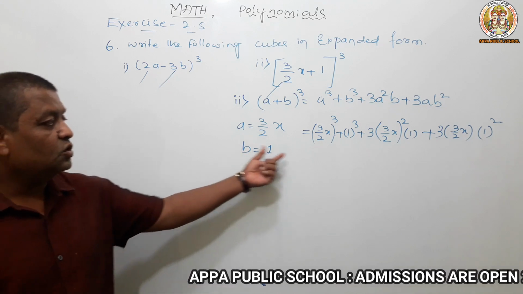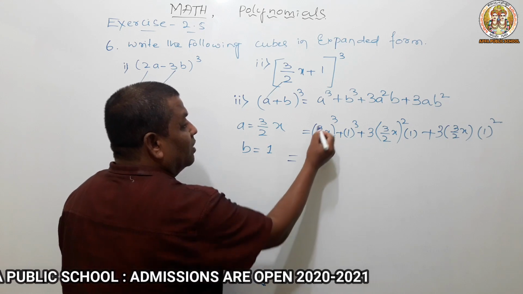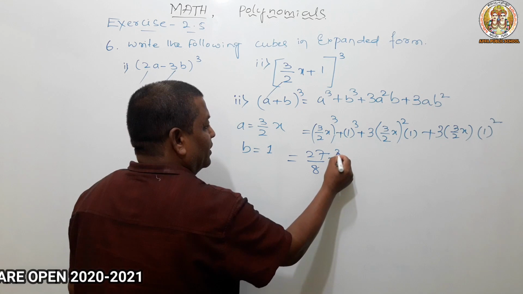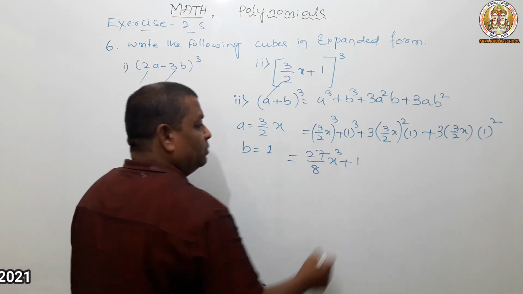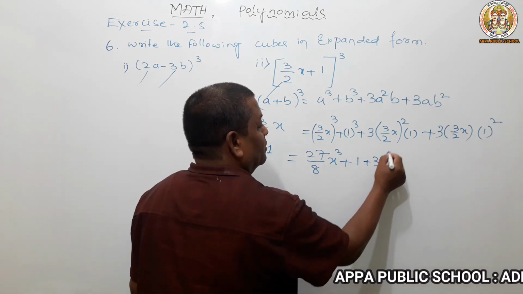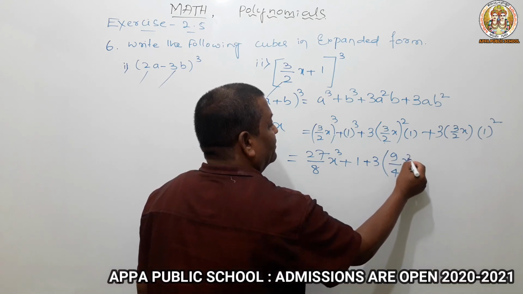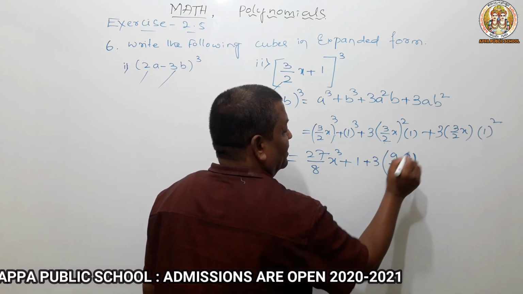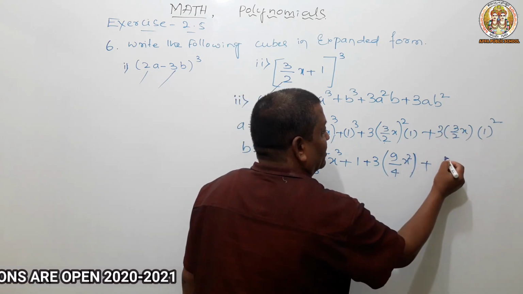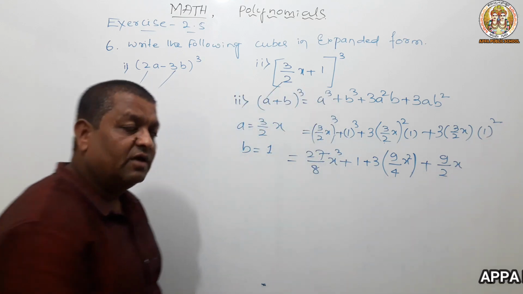So I substituted the respective values in the formula. Just open the bracket. 3 cube is 27, 2 cube is 8, x cube. 1 cube is 1. First open the bracket. 3 square is 9, 2 square is 4, x square, 1 into that same, plus 3 3s are 9 by 2x and 1 square is 1 into same.